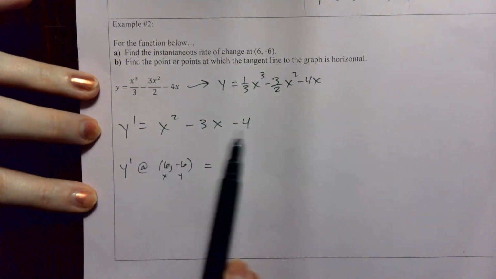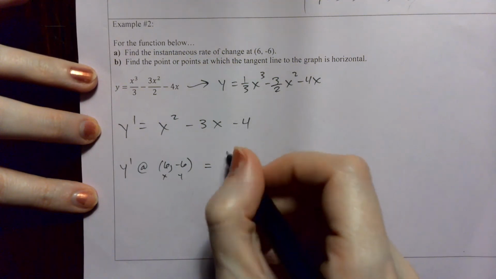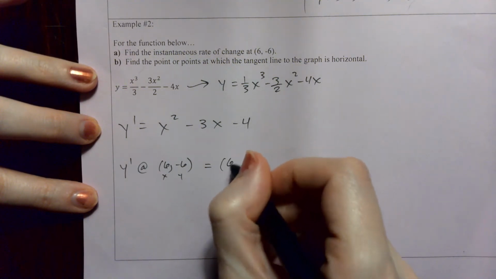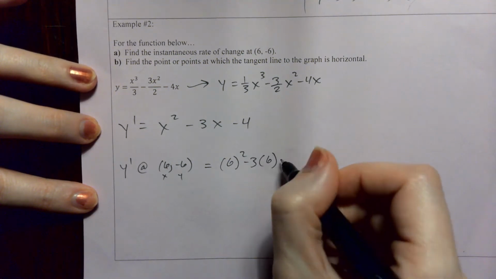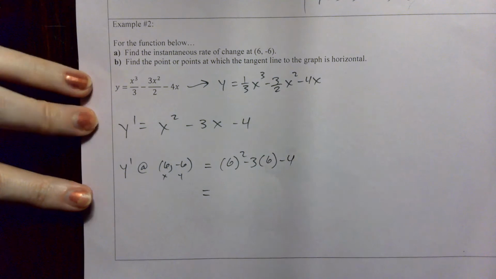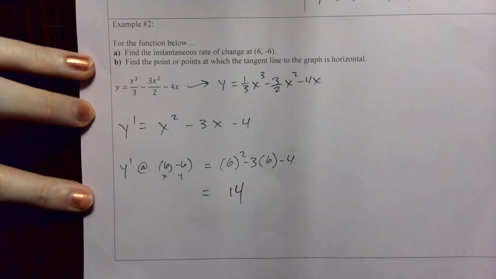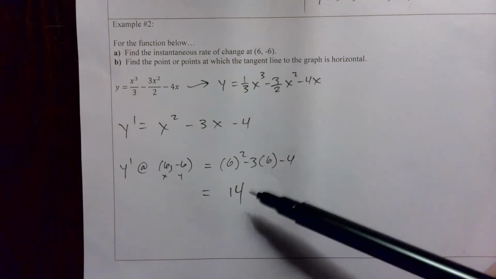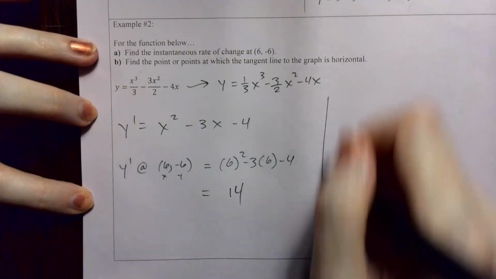I've only got x's. So it's going to be 6 squared minus 3 times 6 minus 4, which is 14. Okay, so the derivative is 14 at that point.